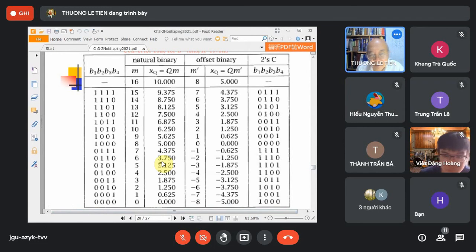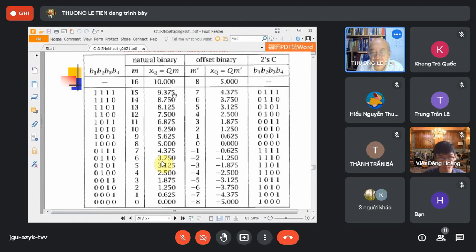The third is for natural binary, the quantization level. We start from 0, then 1Q, 2Q, 3Q, and go up until 9.375.